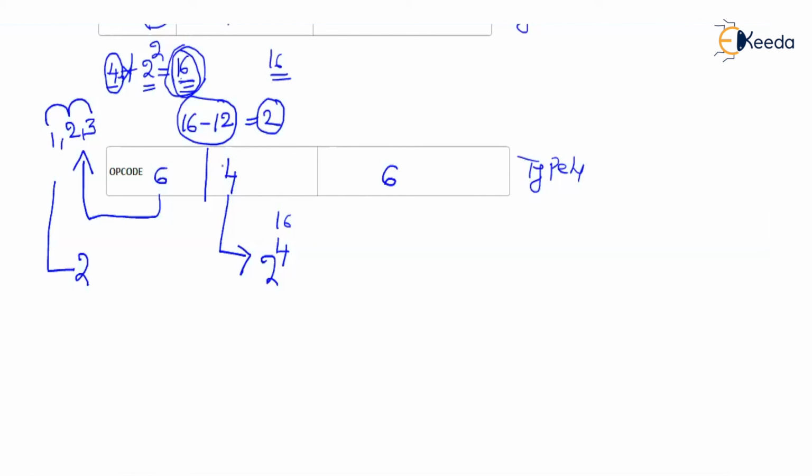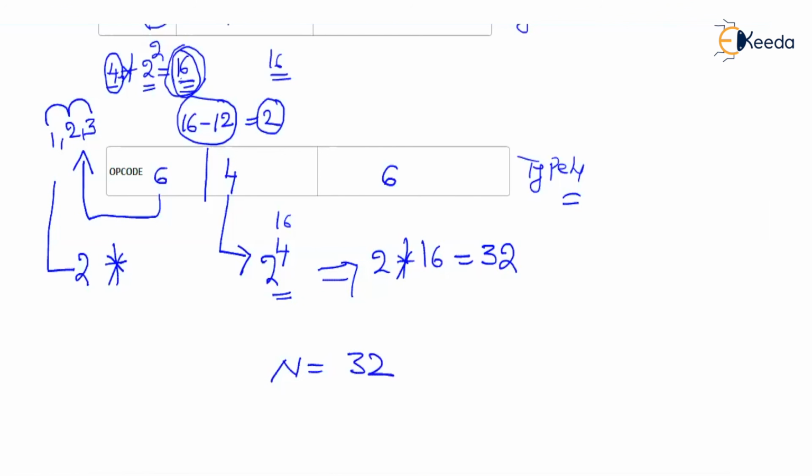So that means the total available combinations for type 4 is equal to leftover combinations from the previous types of instructions, which are equal to 2, and the available combinations in this case is equal to 2 power 4, which is equal to 2 into 16. 2 power 4 is equal to 16, so that is equal to 32. The answer will be n is equal to 32.